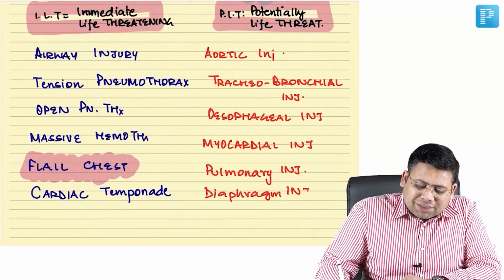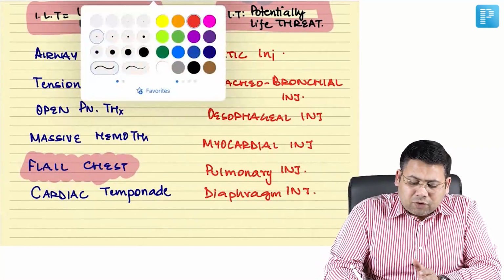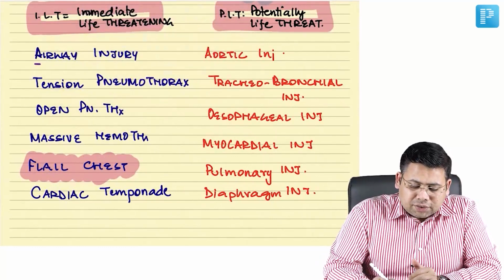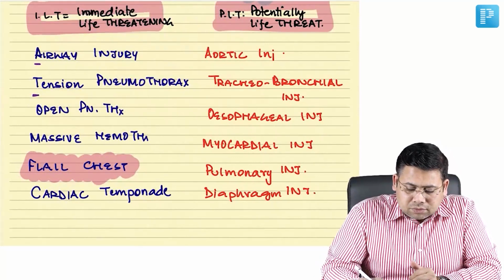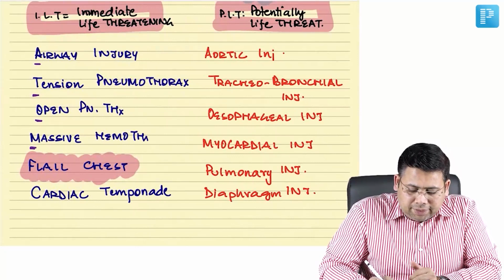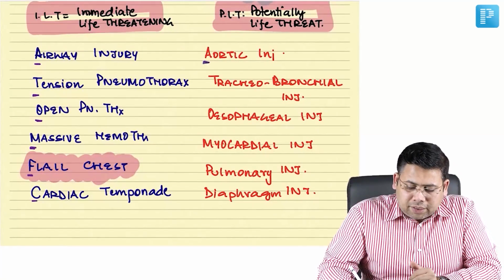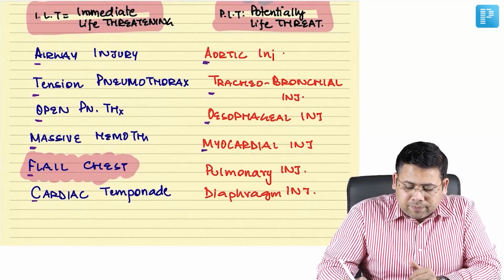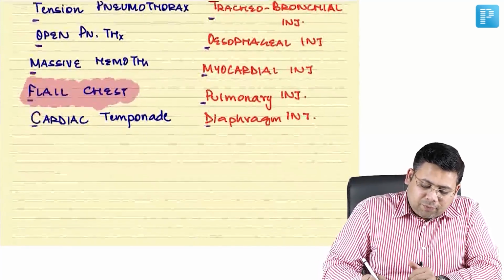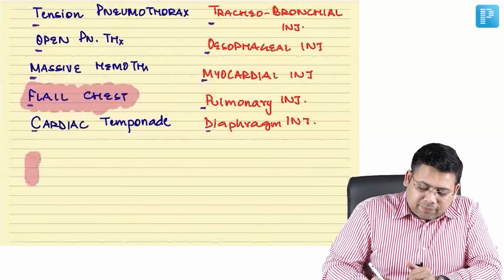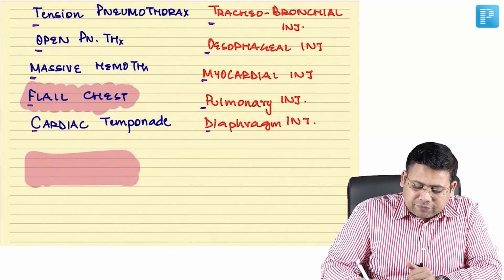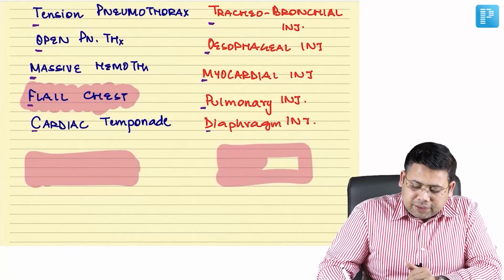So if you talk about this logic, we have a mnemonic also. If you see the initials, ATOMPD. So we have a mnemonic ATOM FC and ATOM PD for them. This is ATOM FC and this is ATOM PD.